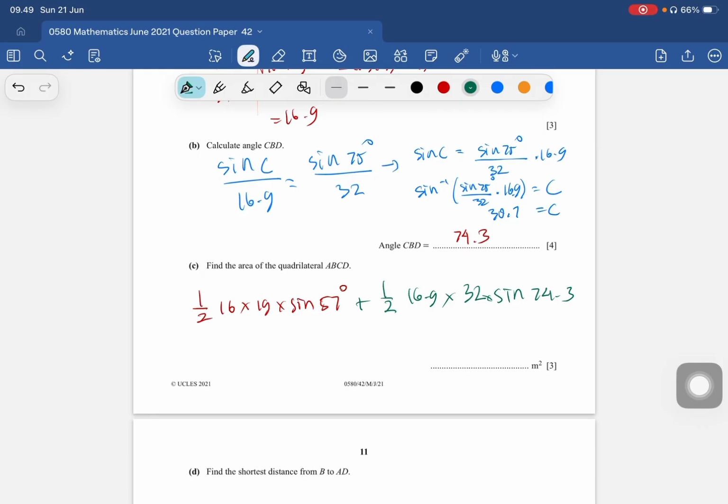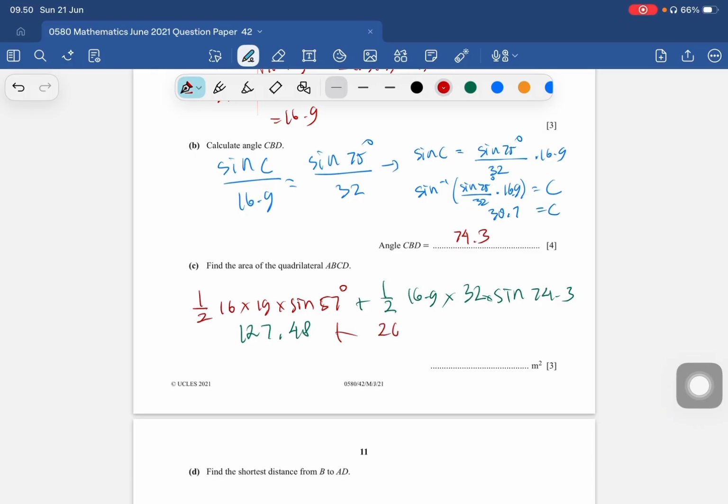Okay, we can use a calculator. 16 multiplied by 19, then sin of 57 degree, divided by 2. First, we got 127.48. Then for the last, 1/2 multiplied by 16.9 and multiplied by 32 and sin of 74.3.